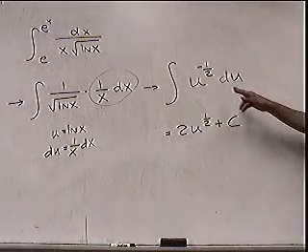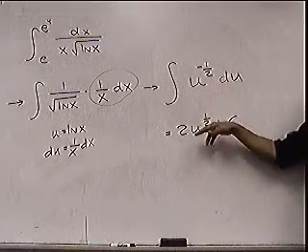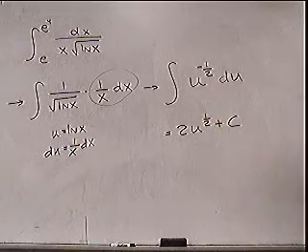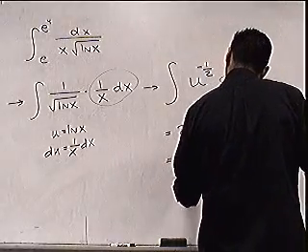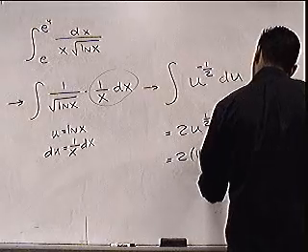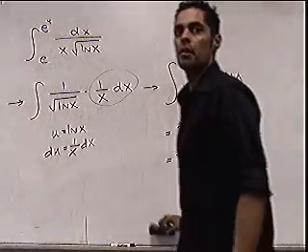So that's the antiderivative using the power rule for integration, 1 over n plus 1, u to the n plus 1. And then for this, replace my u, so this is 2 natural log x to the 1/2 plus c, right?